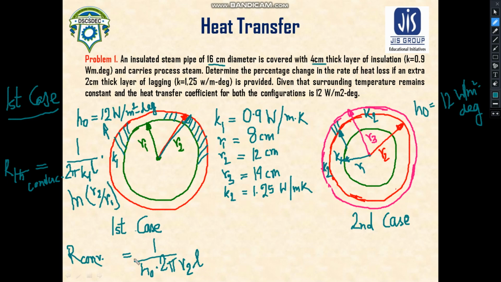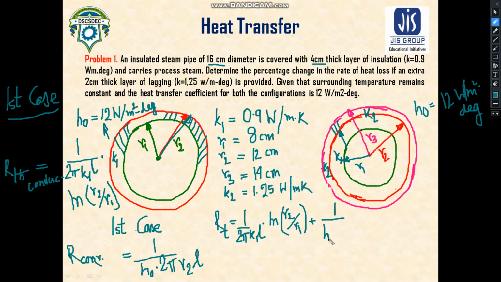Now we need to sum it up. So the total resistance, let us write RT. RT is nothing but 1 by 2 pi K1 L into ln R2 divided by R1, plus this one.